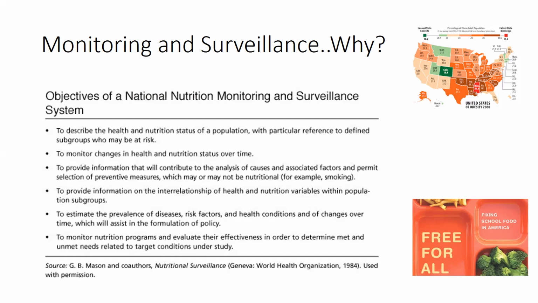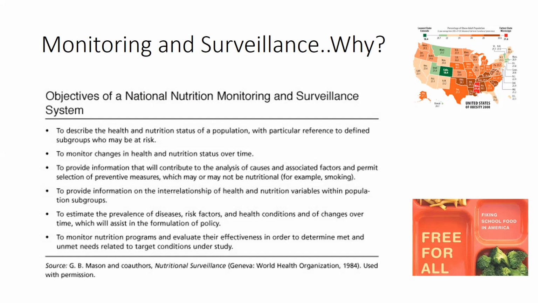This is obviously a very old source. If you look down there, it's from 1984, but the objectives haven't changed very much, right? We're describing health and nutrition status. We're monitoring for changes. We're providing information on causes of nutrition-related diseases and the relationship between health and nutrition.